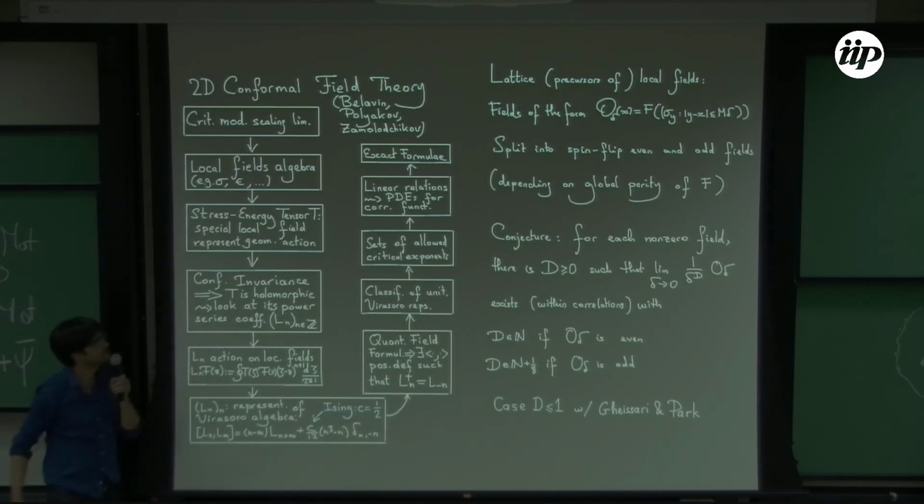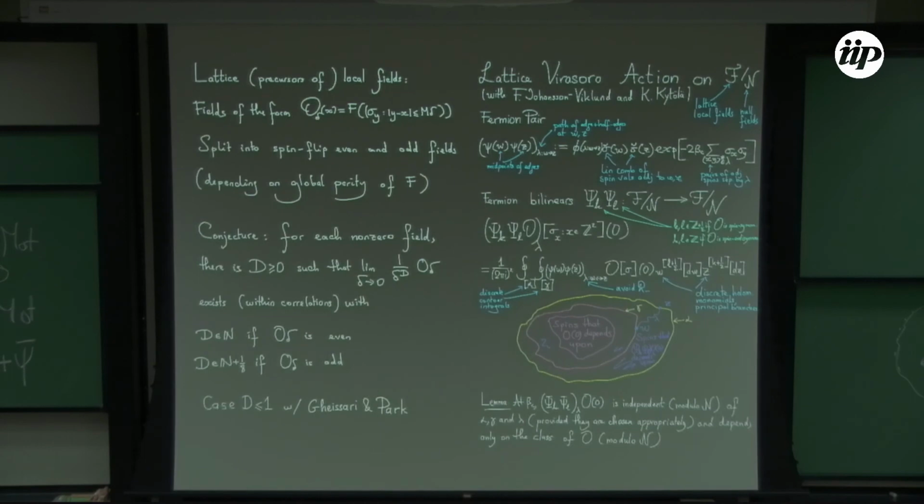What are these local fields? I propose something as a definition of a local field. Well, it's the simplest, most naive definition you could come up with. A local field is going to be something like the spin field, something like the energy field, the product of two adjacent spins, maybe the product of three adjacent spins, maybe a polynomial in a finite number of spins. Basically anything of this type, any polynomial function of a finite number of spins of the model applied in a translation invariant manner.